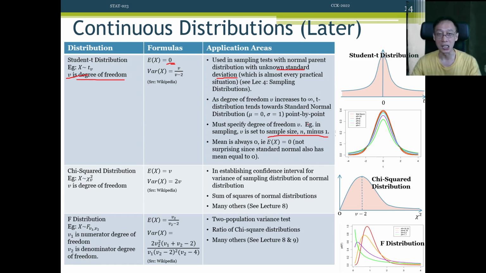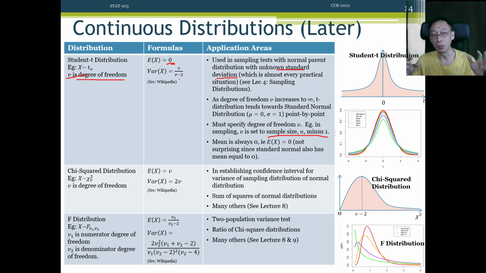So that's 15. And so our standard deviation will be 15 over 15 minus 2, and so that's 15 over 13. That's slightly more than 1. So it's larger fluctuations than the equivalent standard normal.